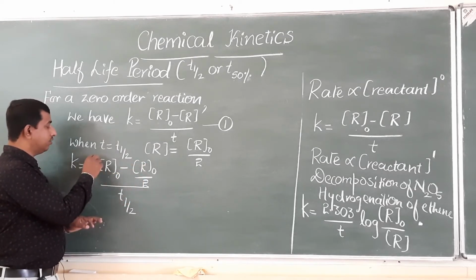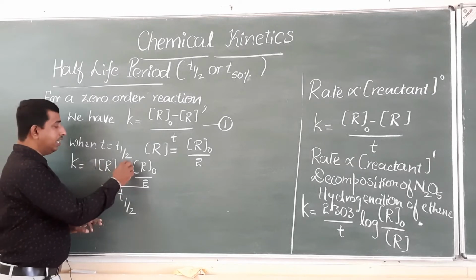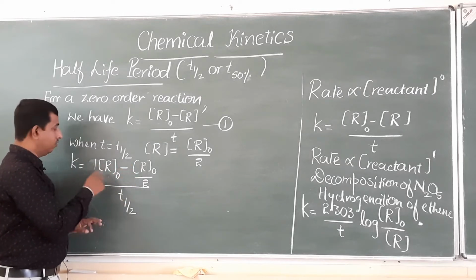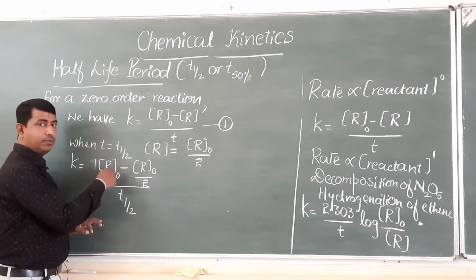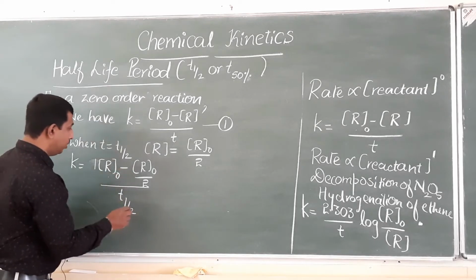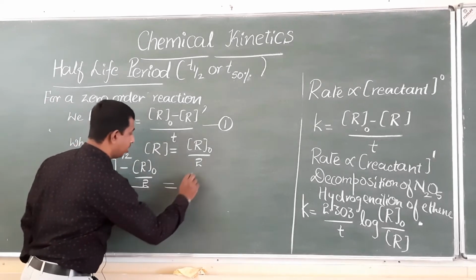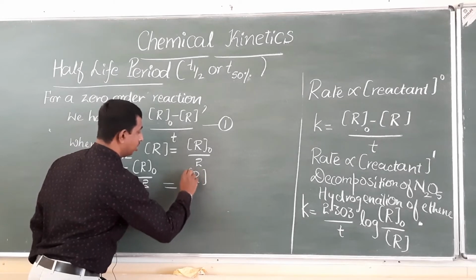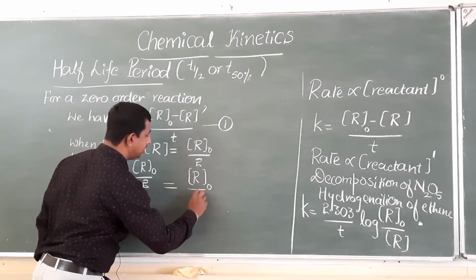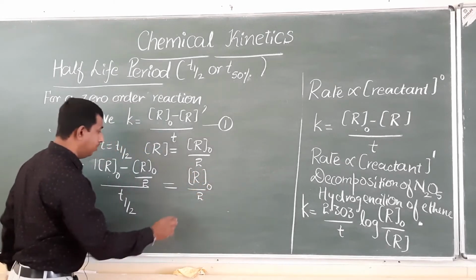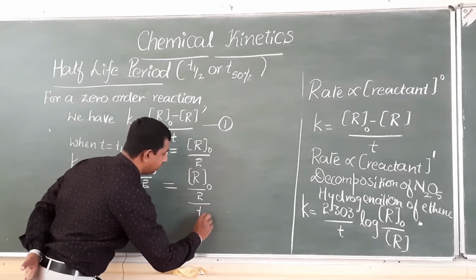This one I will take as 1, correct? 1 minus half, times R naught. 1 minus half is half only. So it is equal to R naught by 2 by T half.